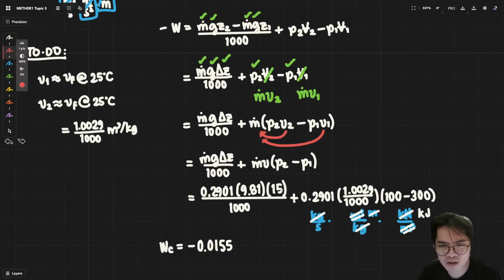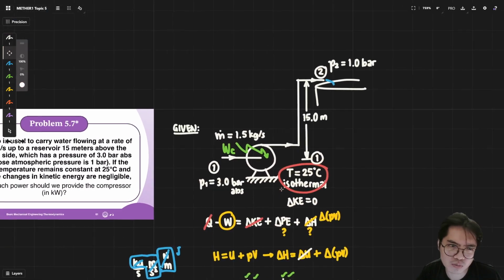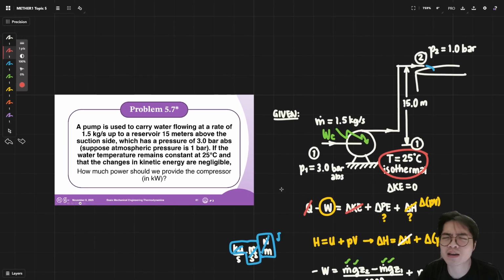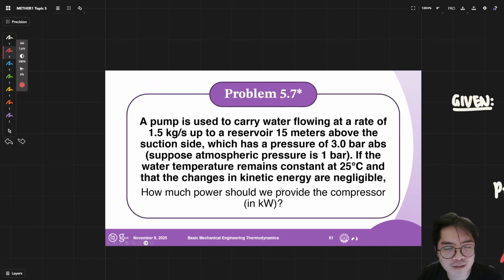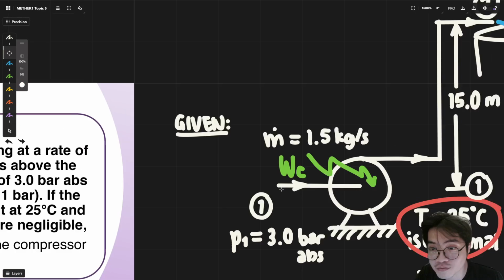why are they working against each other? Your P2 is 1 bar. Oh my gosh, I misread everything. A pump is used to carry water flowing at a rate of 1.5 kilograms per second to a reservoir which has a pressure of 3.